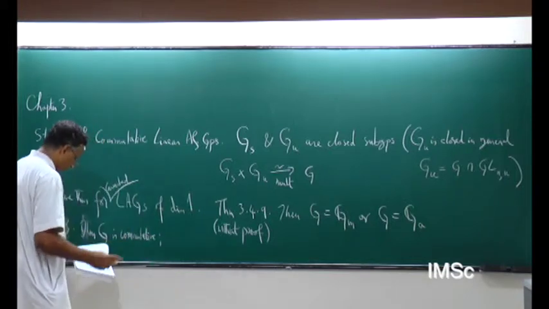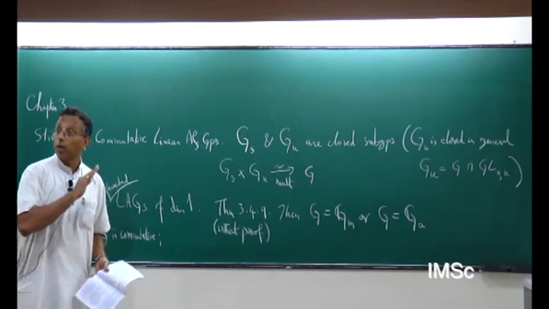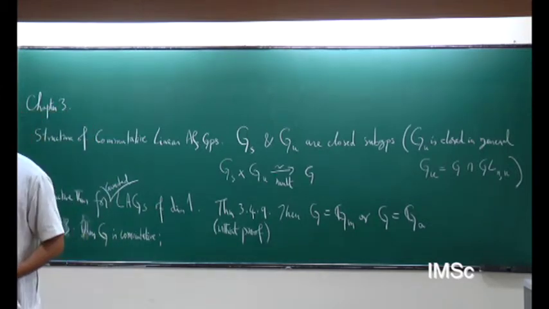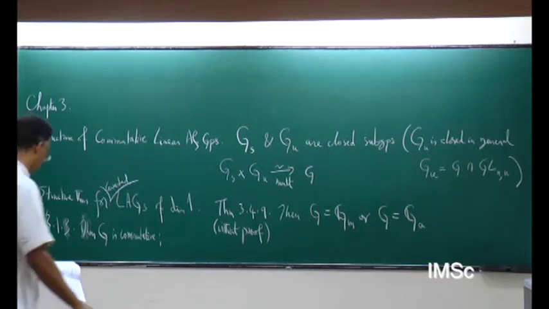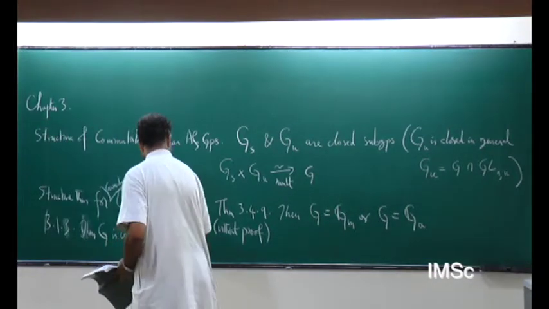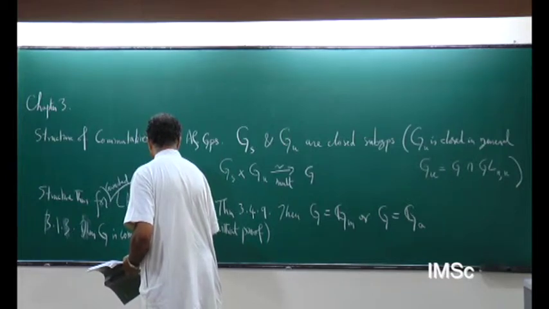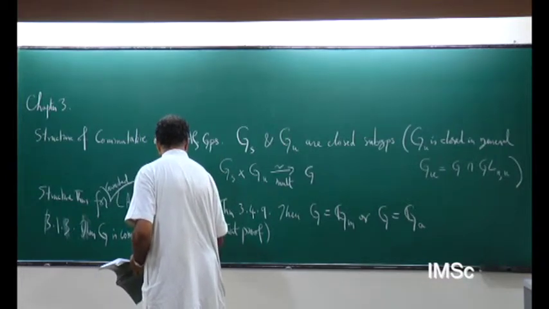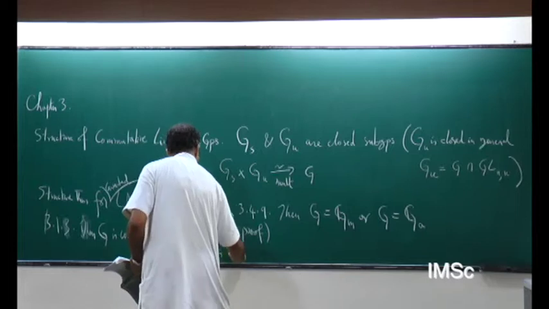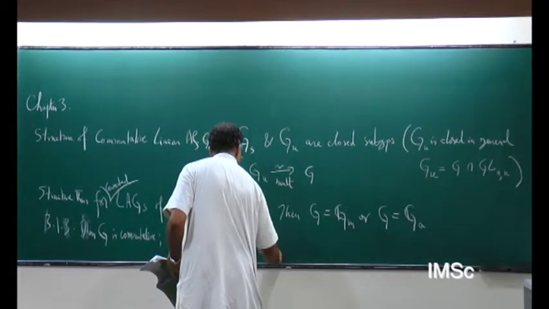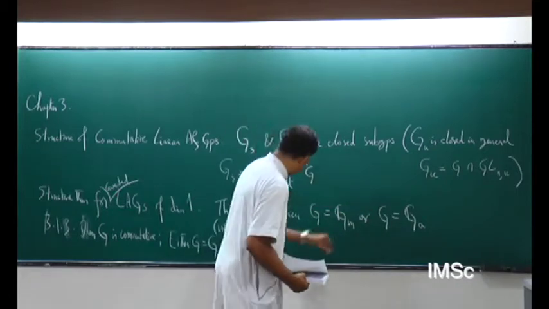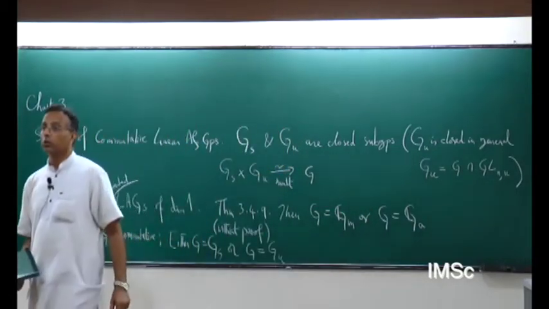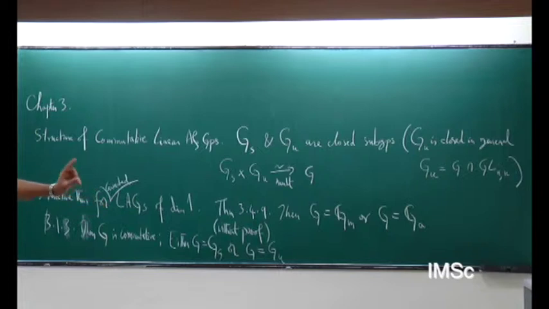The proofs are non-trivial, and you should study the proofs carefully and analyze them. That is very much part of the course. So either G is equal to Gs or G is equal to Gu. If it is this, then the first one is true. If it is this, then the second one is true. So we have proved this.